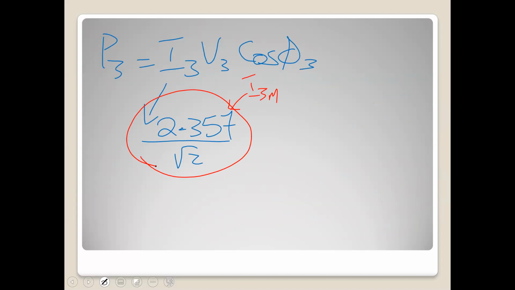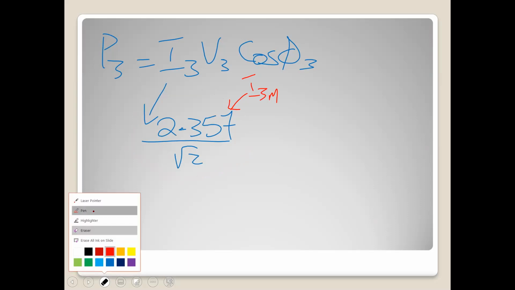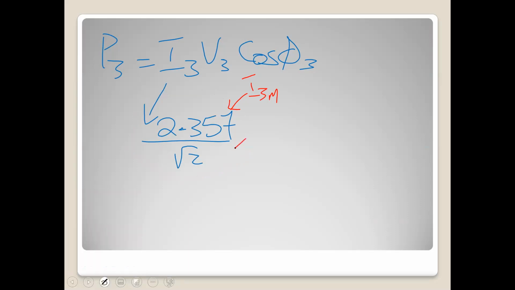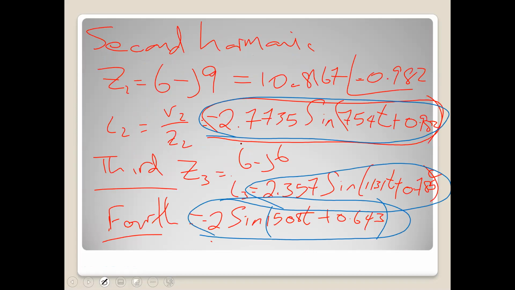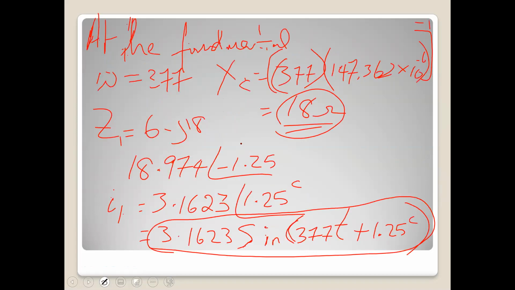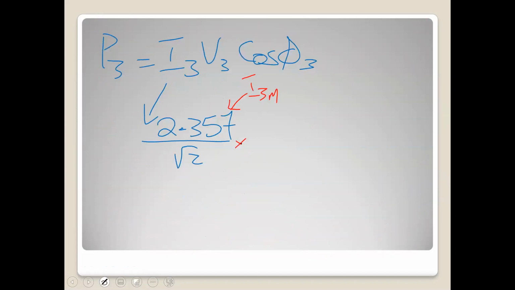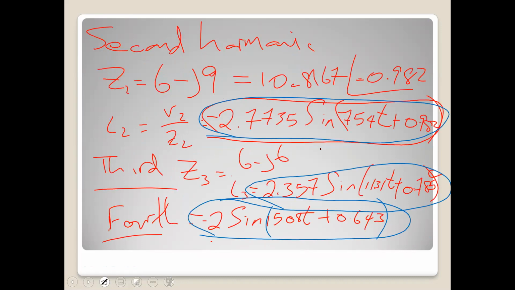Everybody good with that? All right. Okay, and V3, third harmonic, was 20. So it would be times 20 over root 2 cos, and now we can put in the angle, which is 0.785.